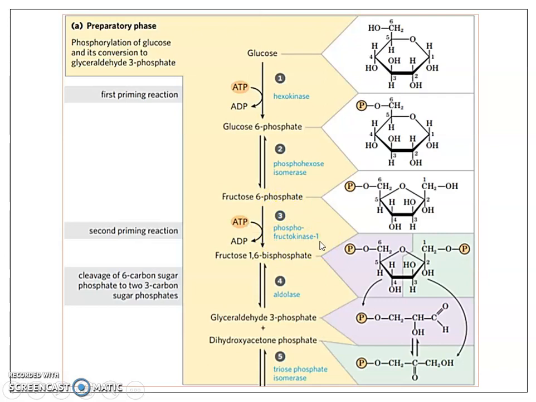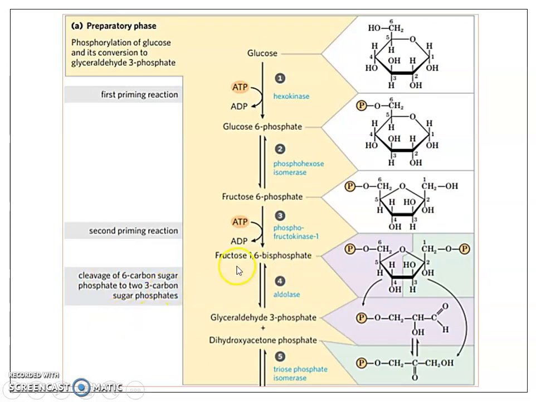Now, the next step we have is the conversion of fructose 1,6-bisphosphate. Again, this is also a 6 carbon sugar. Till here, they are 6 carbon sugars. Coming over here, what happens? This involves the splitting phase, the step which involves the splitting of fructose 1,6-bisphosphate. Here is the cleavage of 6 carbon sugar phosphate to 3 carbon sugar phosphate.